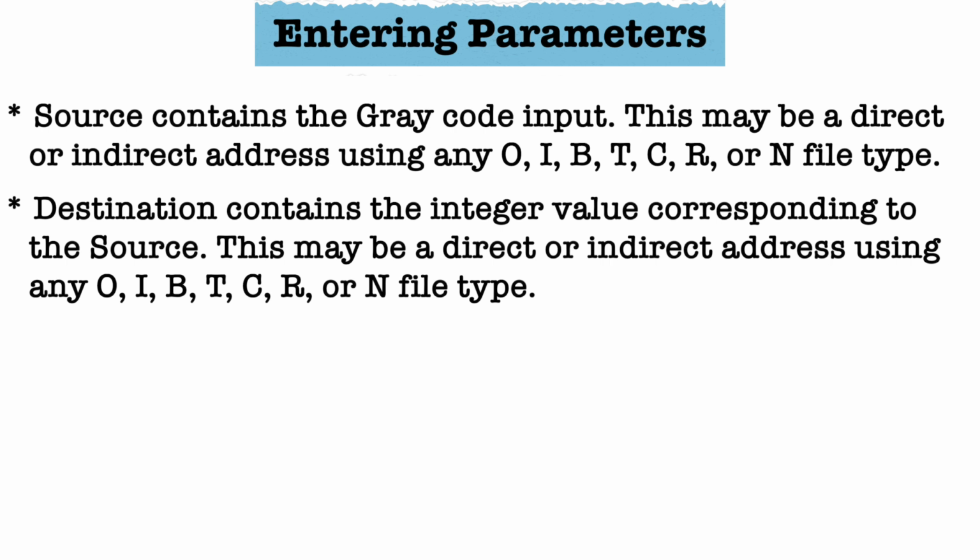This may also be direct or indirect addressing using O, I, B, T, C, R or N data files. O represents output, I represents input, B represents bit, T represents timer, C represents counter, and N represents integer.